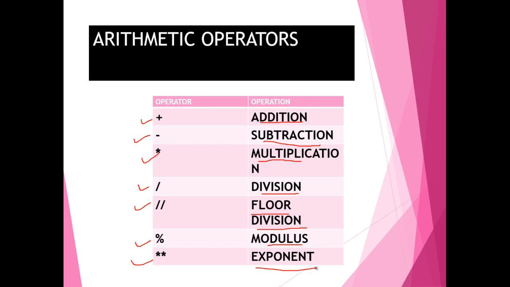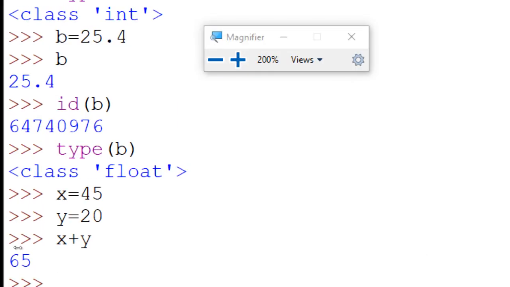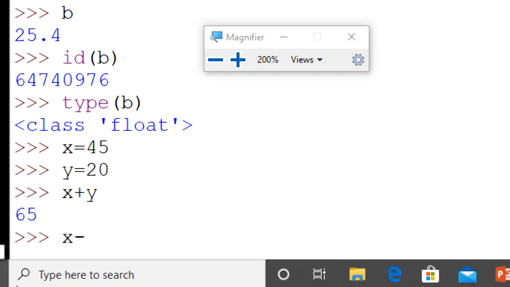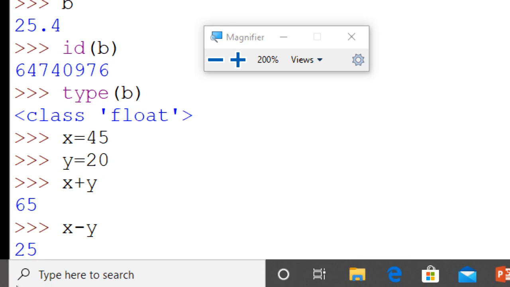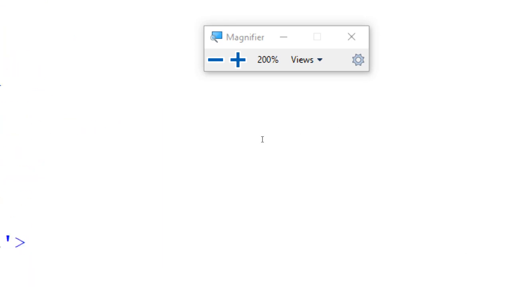Okay, so as we have to understand these kinds of operations, you can see that suppose I have taken a variable x is equal to 45 and y is equal to 20, right? So if I write x plus y, I get the sum of these two numbers. And suppose if I write x minus y, then obviously I get the subtraction of these numbers.